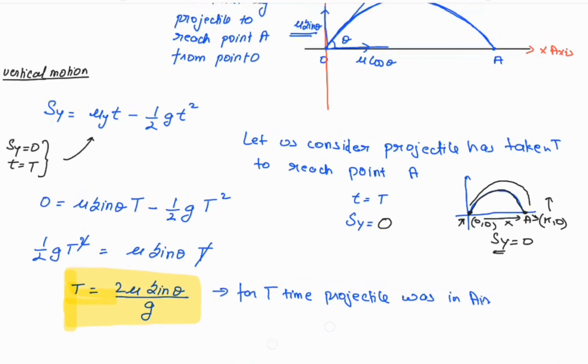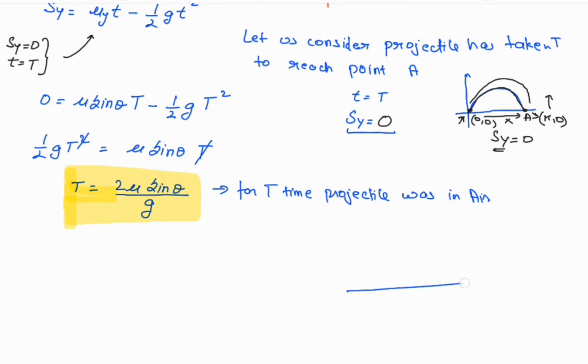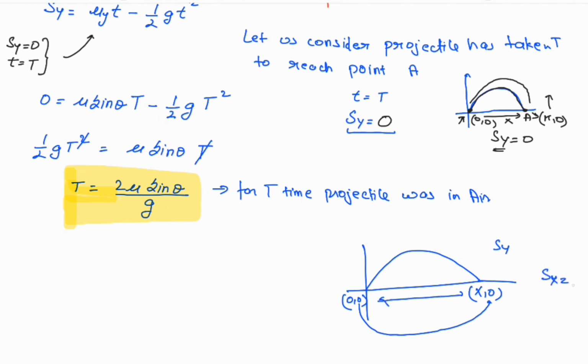The only thing while solving is that the value of the parameter S of y is 0, because the ball has moved 0 displacement in the y-axis. Even the total displacement in the y-axis is 0. That's why we have taken S of y as 0. If we were using S of x, it would be x, because the ball has moved x in the x-axis.